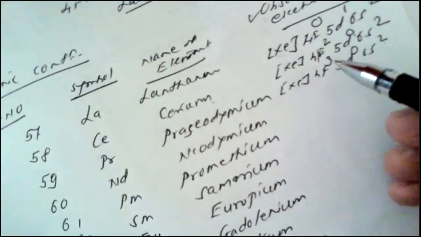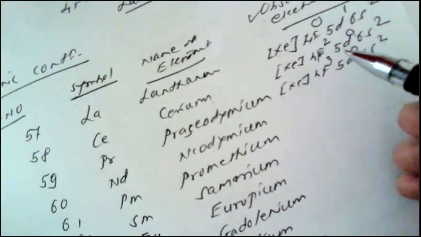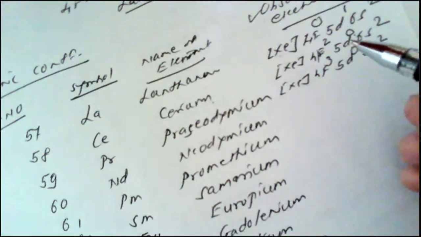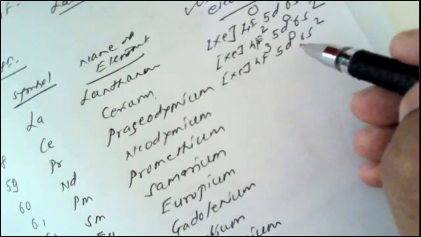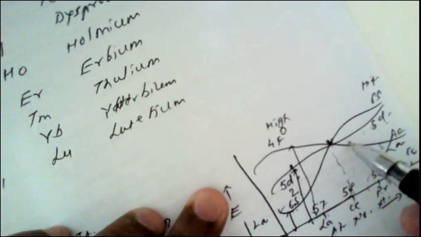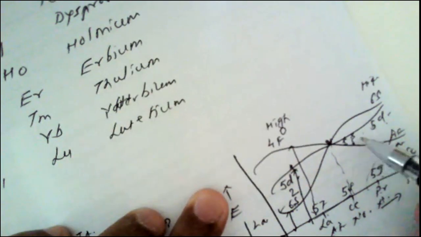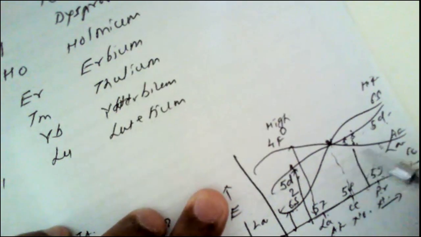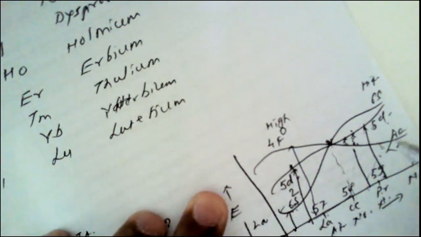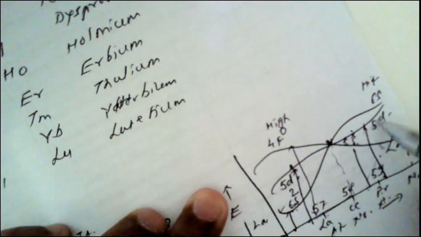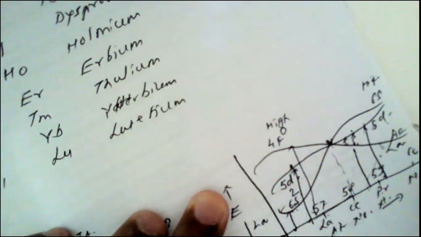Some authors have shown that it is rather difficult to say whether the incoming electron actually enters the 4f orbital or the 5d orbital, because there is a very small energy gap between these two orbitals. See here, this is a small energy difference, but the cumulative difference is large enough from the average energy, while the difference between successive energy levels is very small.